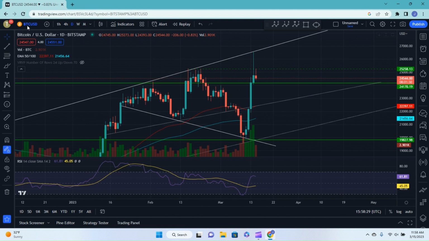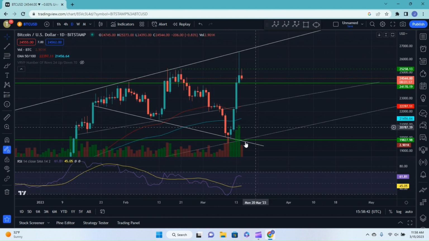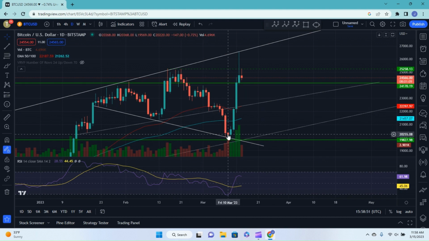All right. So right here we have Bitcoin on the daily time frame. Okay, this is that expanding symmetrical triangle that we were talking about in the video from this morning. So this weekend on the daily time frame, so each one of these candles is one day, this candle right here, this pink candle at the bottom, is Friday.